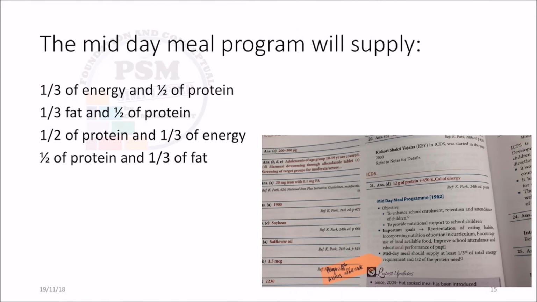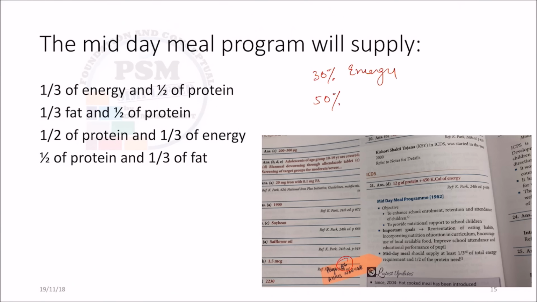Next is the question: the midday meal program will supply. You can see in our book on page number 86 in Conceptual Review Community Medicine, the midday meal program. This is an old MCQ. We always talk about it in the classes that we are supposed to give one third, that is 30 percent, of the energy requirement, and one half, that is 50 percent, of the protein requirement.